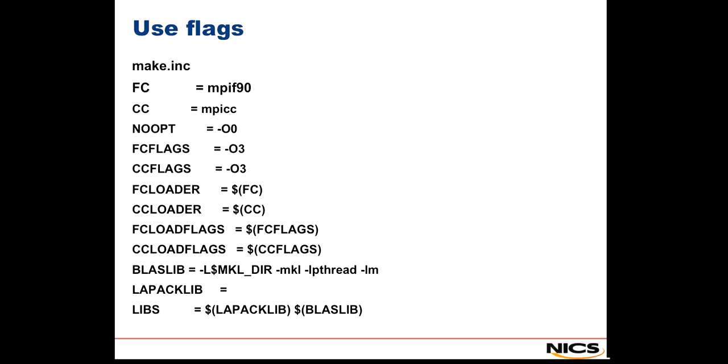For example, I may also need the LAPACK lib flag, and sometimes it's already taken care of by the MKL library, so probably I can leave it empty. It still will be okay. And later you see, I will have another flag called LIBS, which will include all the separate libraries I defined before.